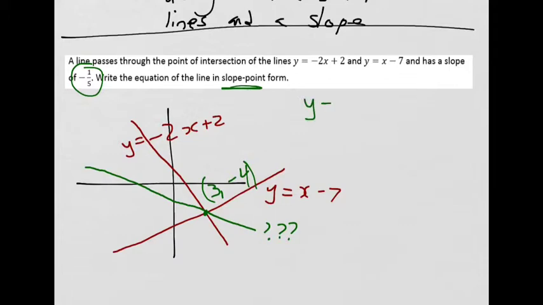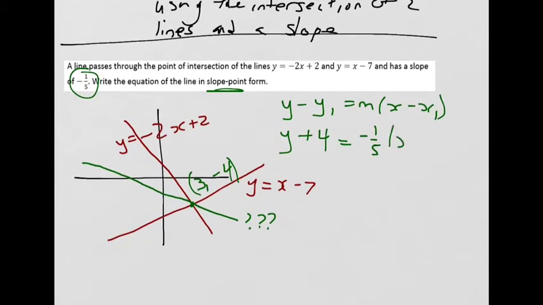So here's the general equation for slope point form, and we just plug in all the necessary details. So y1 would be -4, so that would be y plus 4, minus -4 is plus 4. M is -1/5. X minus the x value of the point 3, and there we go.